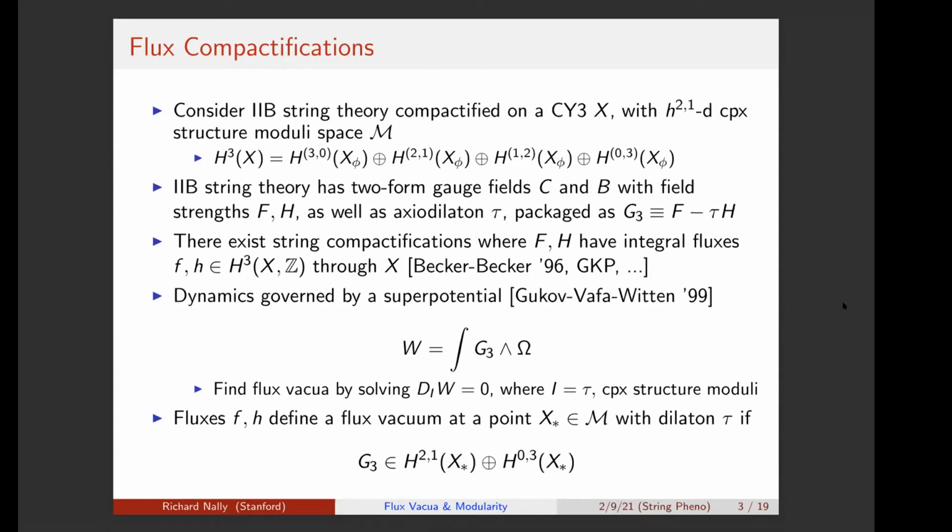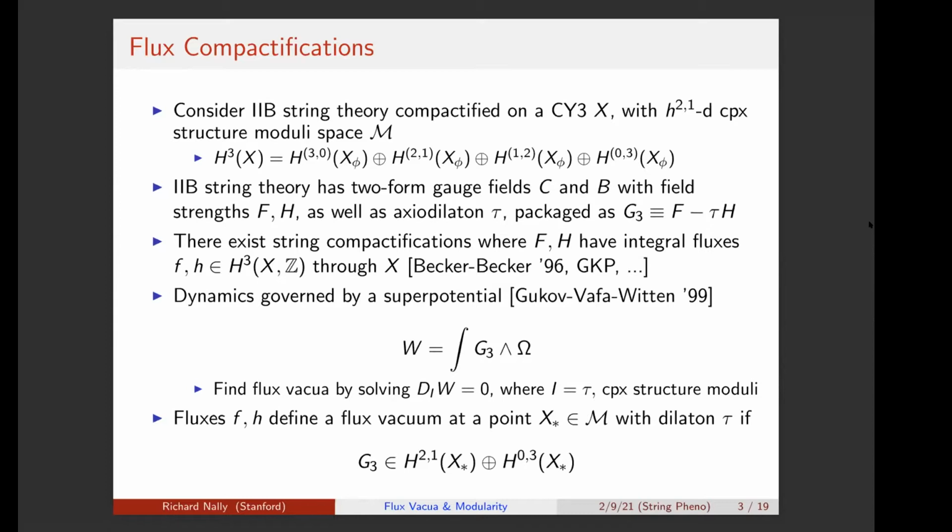Type IIB string theory has 2-form gauge fields, which have 3-form field strengths, F and H. It also has an axiodilaton tau, which lives in H mod SL(2,Z). From F, H, and tau, we define a complexified flux G3 as F minus tau H. In flux compactifications, we take F and H to have integral fluxes through our threefold.